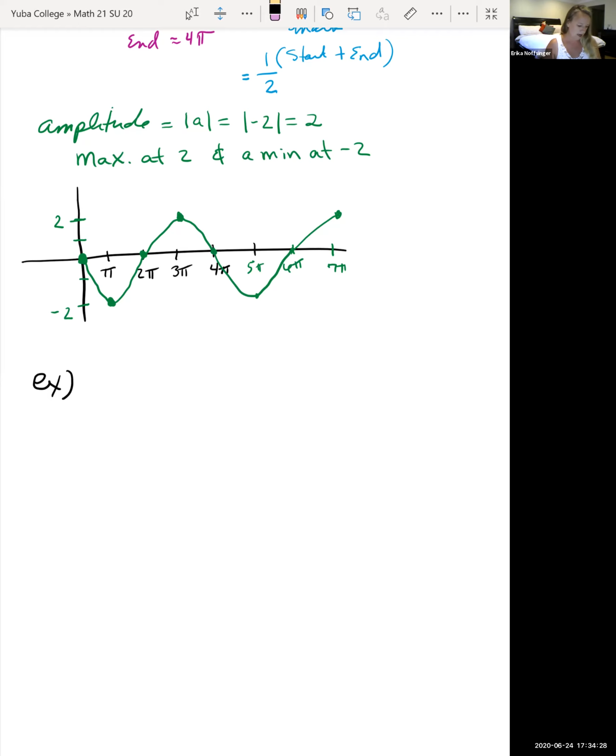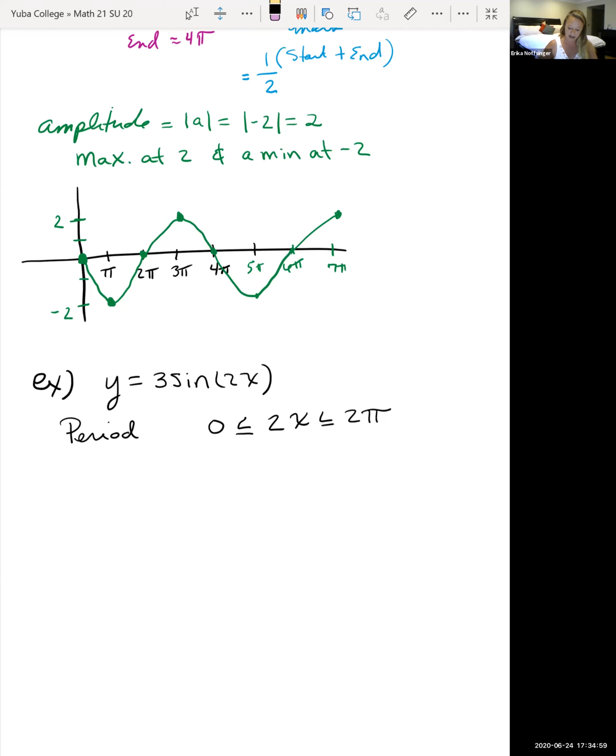Okay, great. Let's say you had y is equal to 3 sine of 2x. Okay, so we want to find our period. Sandwich the argument between 0 and 2 pi and get x by itself.